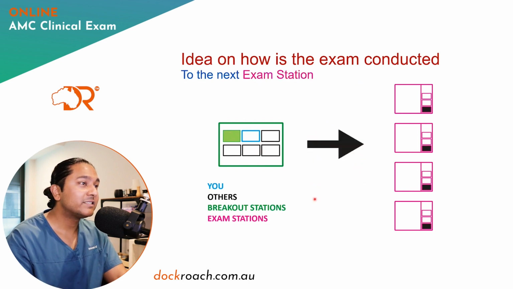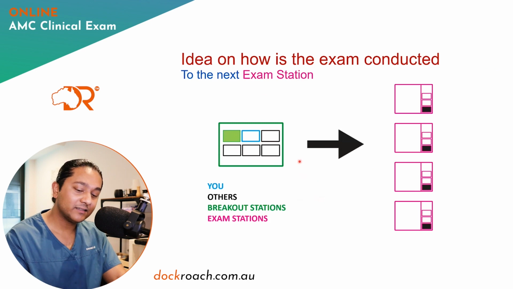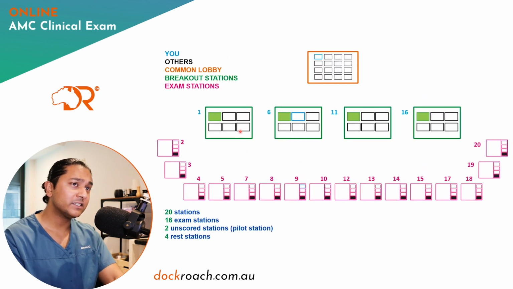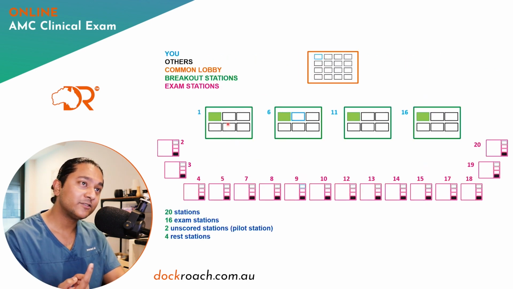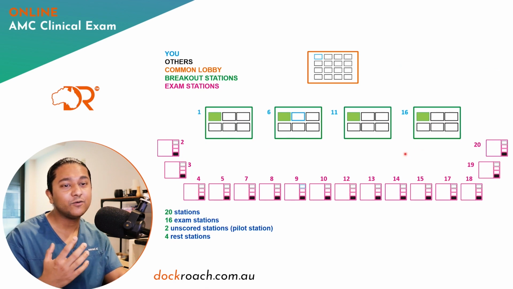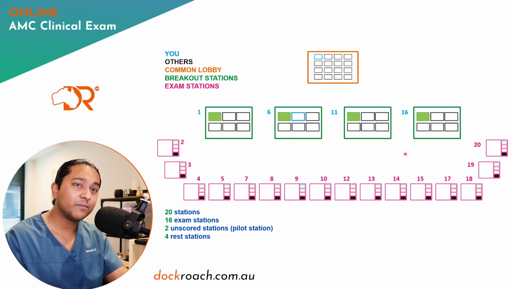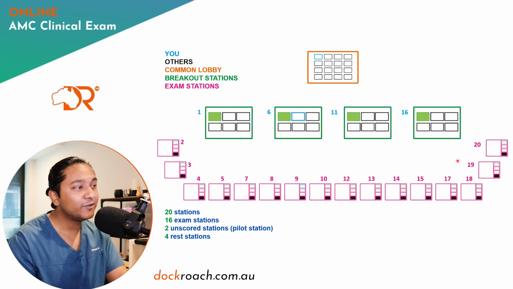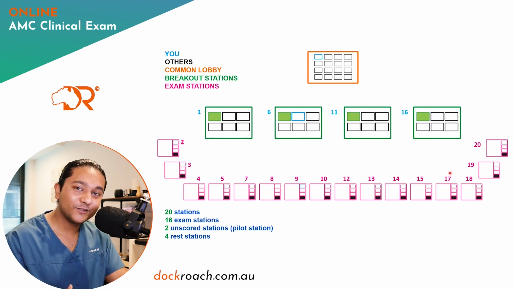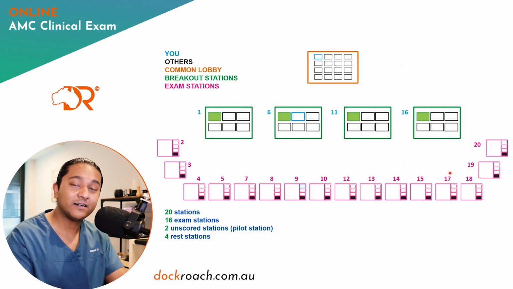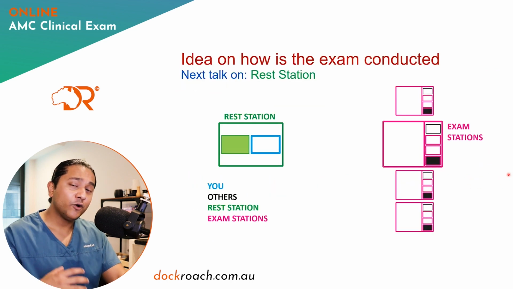So that is how one cycle of the exam is. Just now, remember, when you finish with one breakout station, you move to the other. And that's how you go through this about 20 times in your exam, and that concludes the AMC online clinical examination. So I hope that is clear.